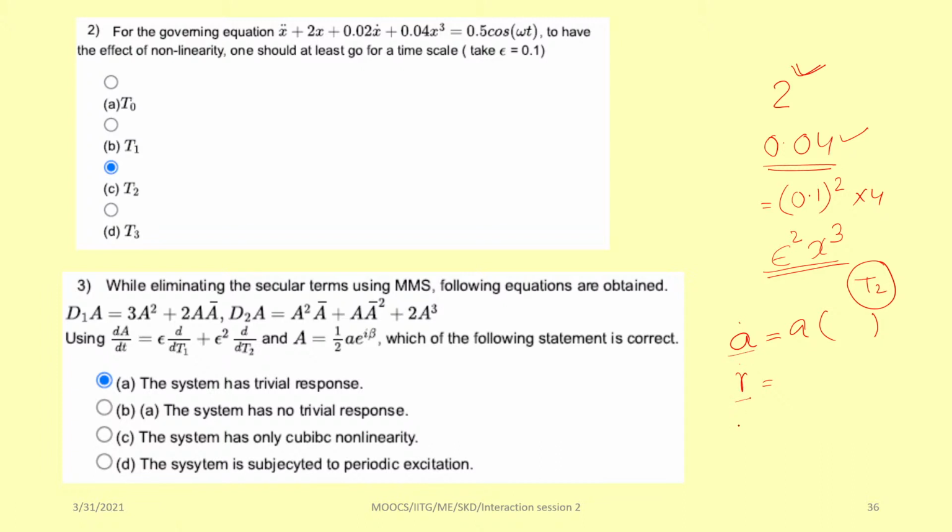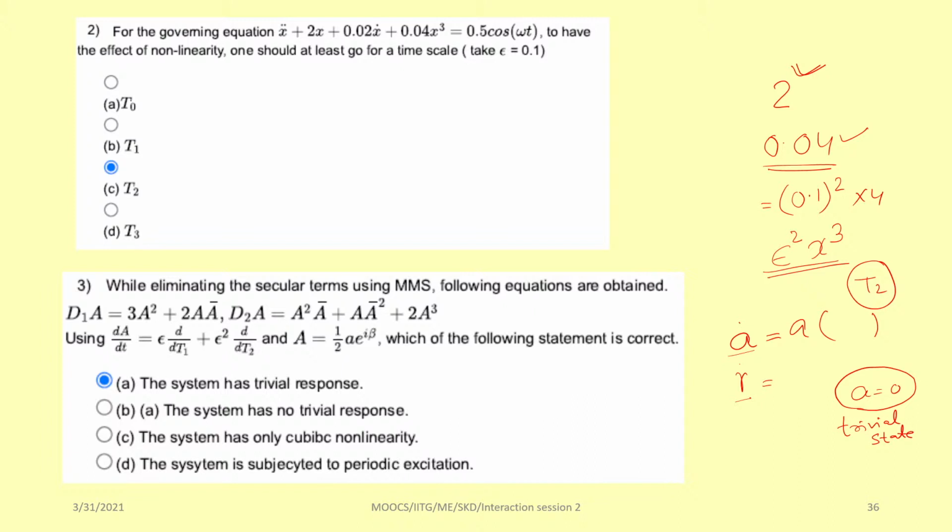If you have a term a multiplied with something equal to 0, then a must be equal to 0. So a equal to 0 is the trivial state solution.